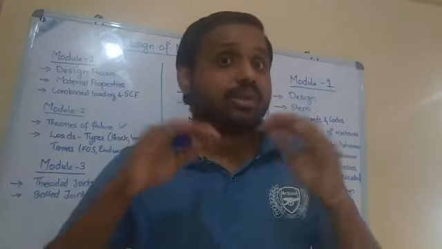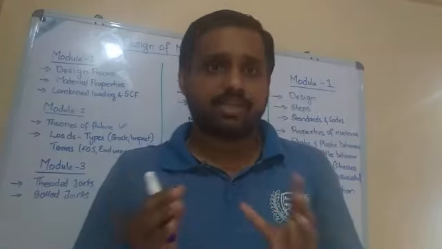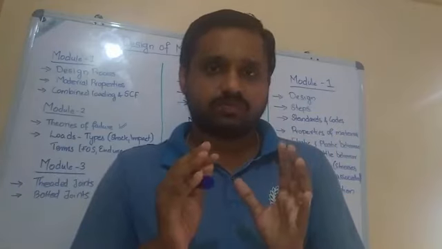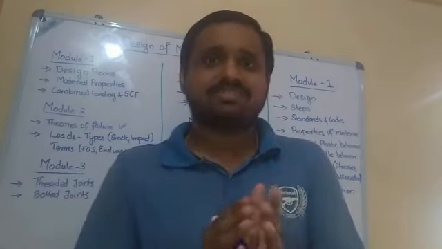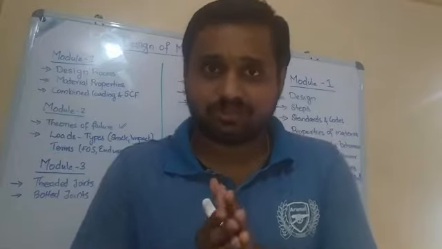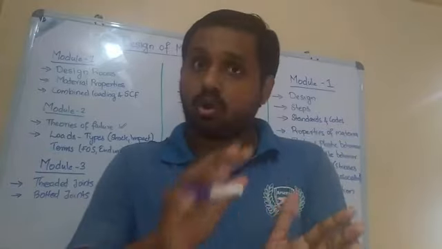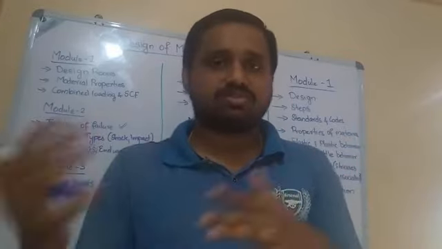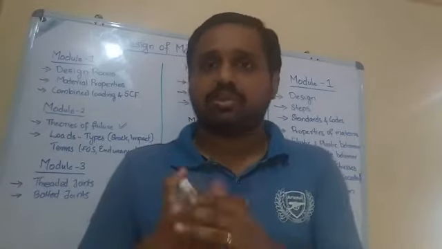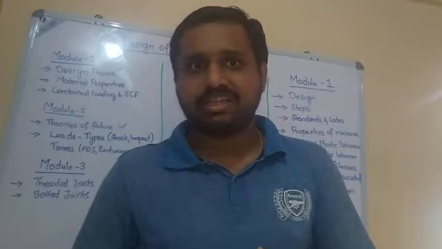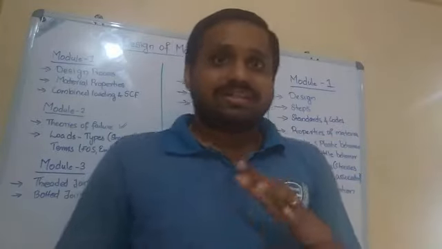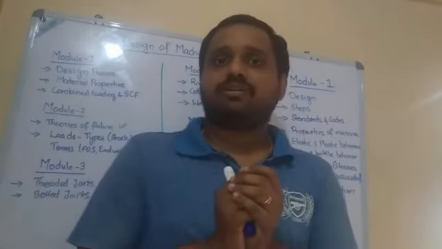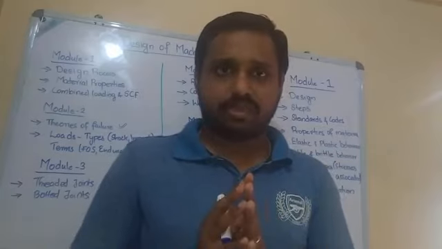Then only can we design the machine elements accordingly. That is the main point, or yield point. I will tell you why maximum stress or ultimate stress or yield point, that depends on the materials. So this type of analysis has to be done in this paper.